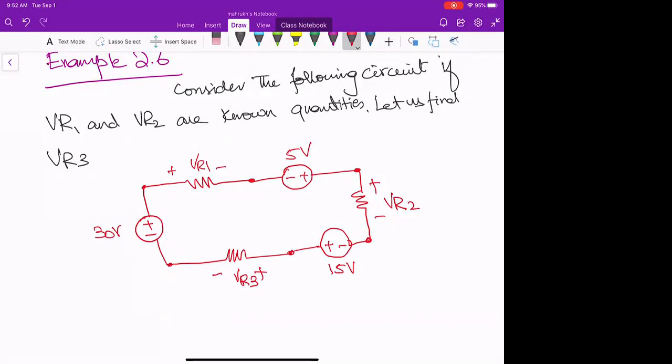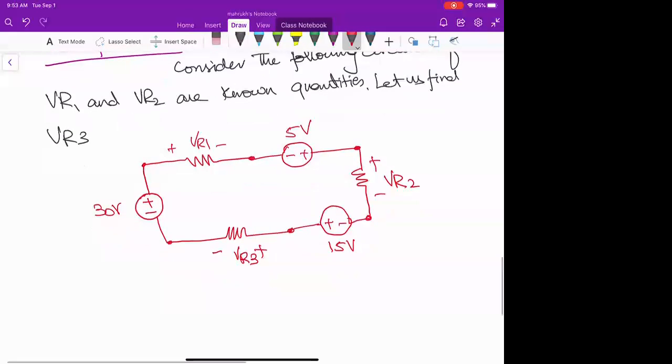In KVL, we try to pick the voltages and then write the equation. We were saying in KCL that the current entering or leaving the node is equal to 0, right? But in KVL, the voltages across any loop is equal to 0. So this is the difference between KVL and KCL.